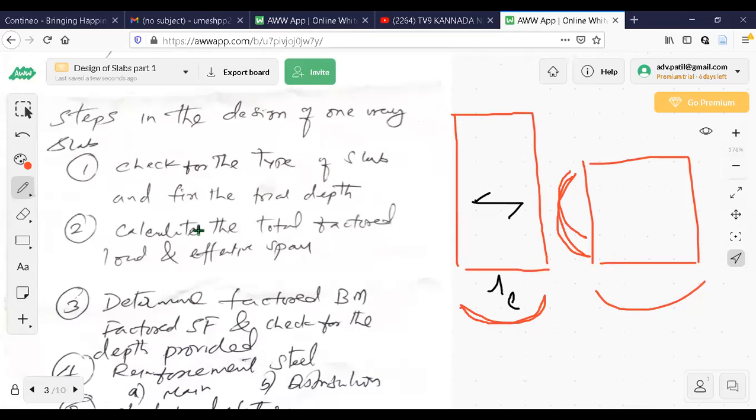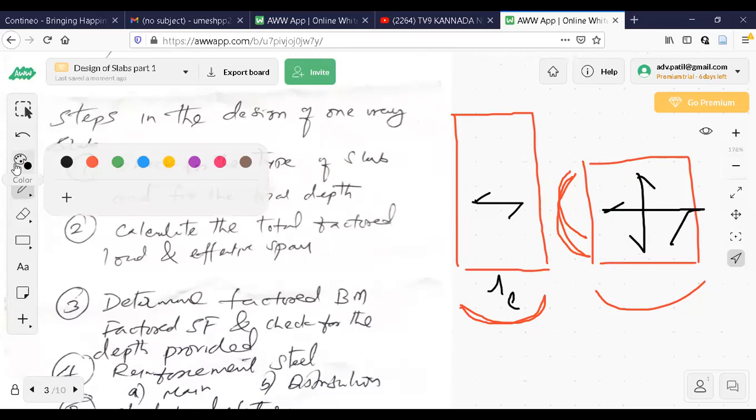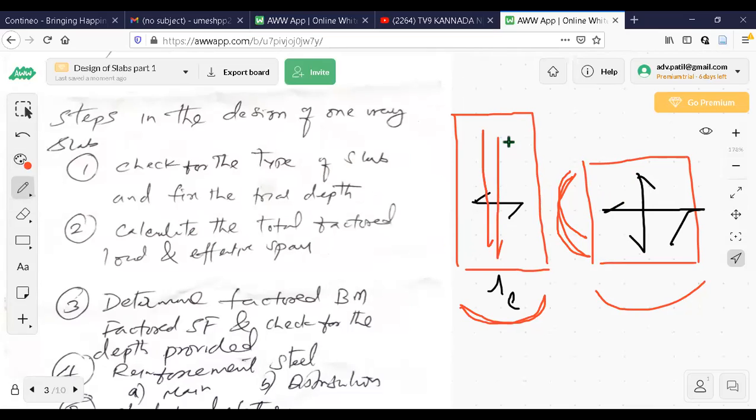So it means the main reinforcement runs like this as well as like this. It means in both the directions, main reinforcement is running. Now what will happen in the one-way case? In this case, all these steel bars which are running like this are distribution steels.